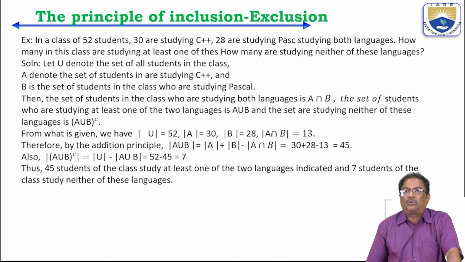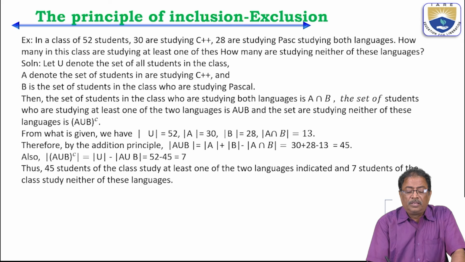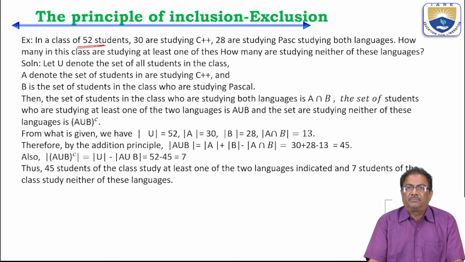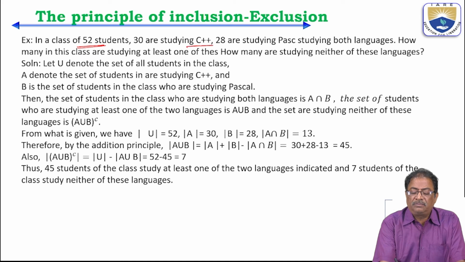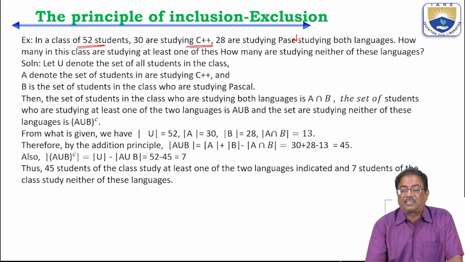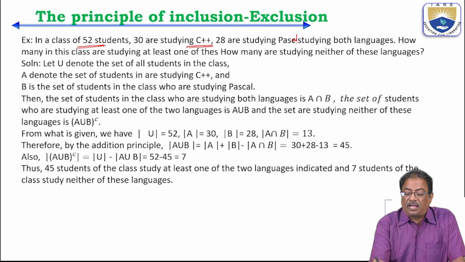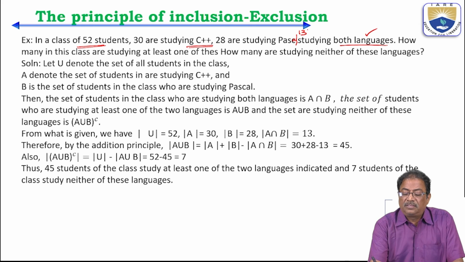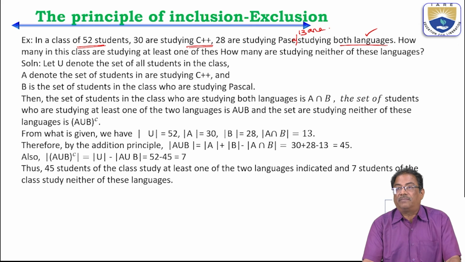We are going to solve one more problem on two sets. In a class there are 52 students. 30 students are studying C++ and 28 students are studying Pascal. And 13 students are studying both languages.